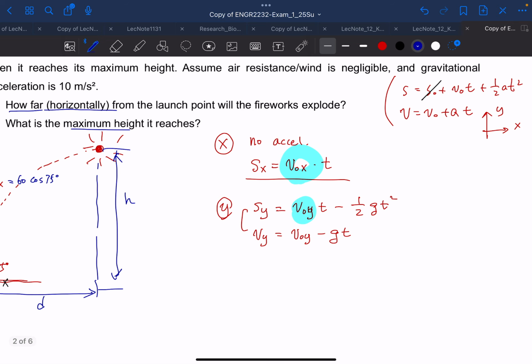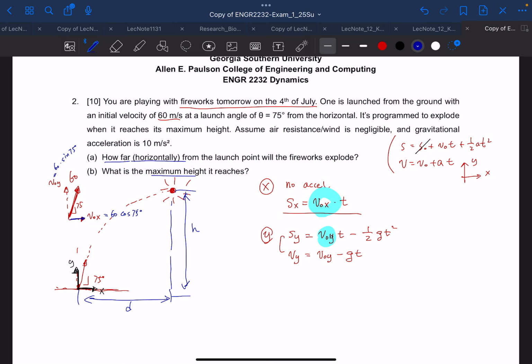So from here I think we have all the information. Now we need to use our brain to solve something. When it reaches the max height, what's going to be the hint? Yes, v of y would be 0.